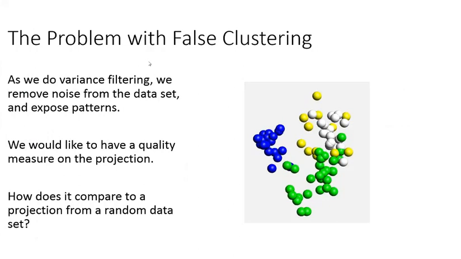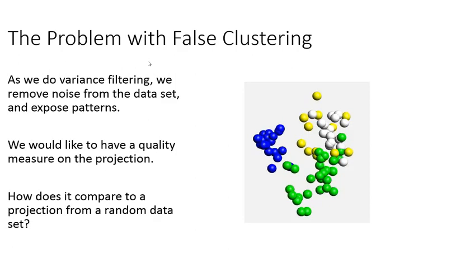So we really would like to have a stopping criterion, a quality measure on the projection, so we know when we have reached the most beneficial point for our analysis. One way to do this, and that's the basis of projection score, is to investigate how the projection I currently have compares to the projection that I would get if the data were completely random.